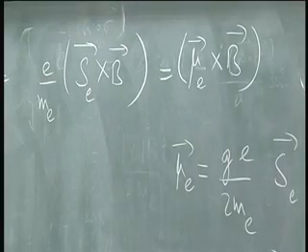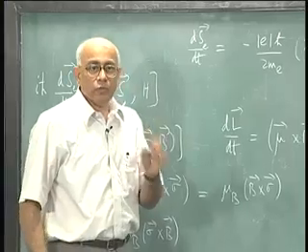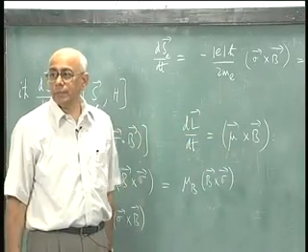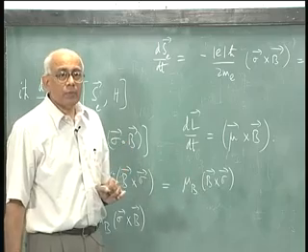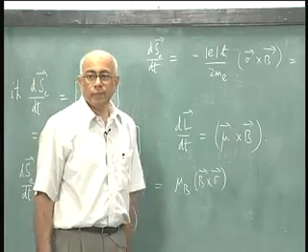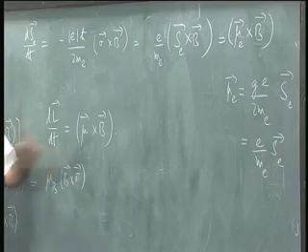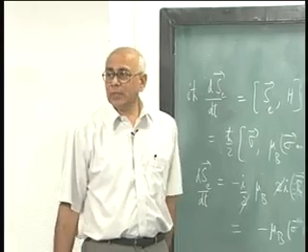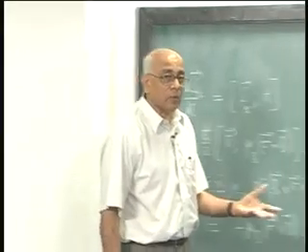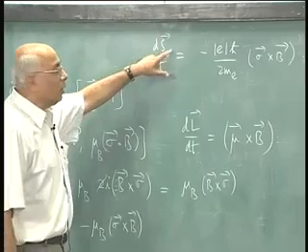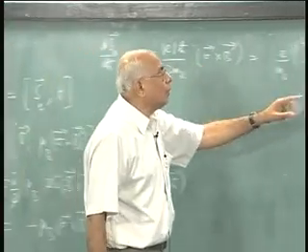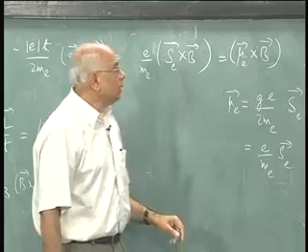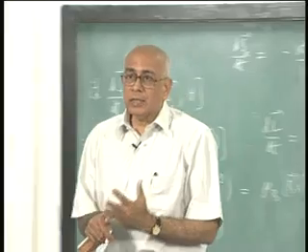So the point is the following: the classical equation of motion says rate of change of angular momentum is equal to the torque. The torque on a dipole of magnetic moment mu is mu cross B. So it says dL over dt is mu cross B. Quantum mechanically, the exact equation of motion for the spin operator, which is an angular momentum operator, is rate of change of the angular momentum operator is again equal to mu cross B. So therefore the equation of motion does not change at all.